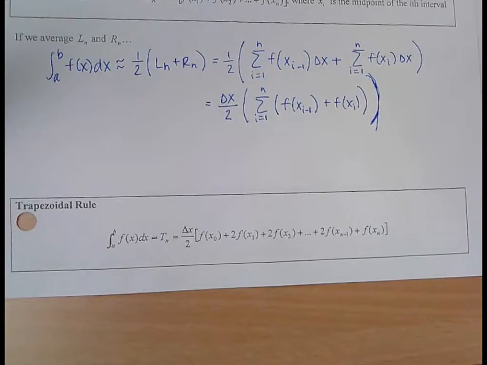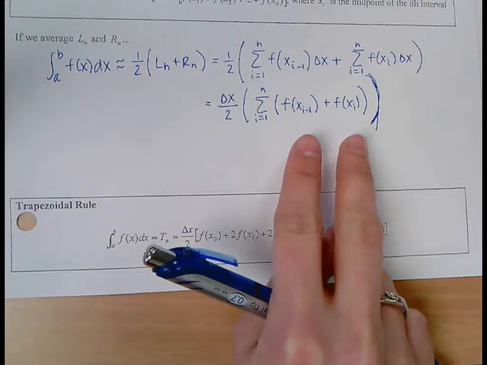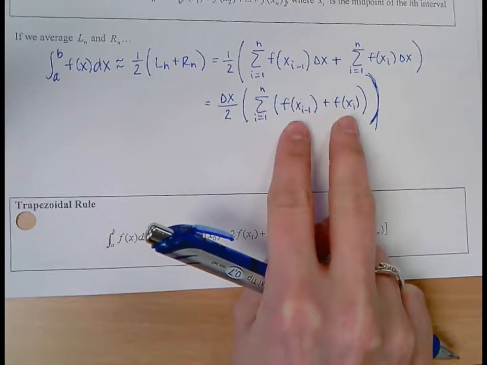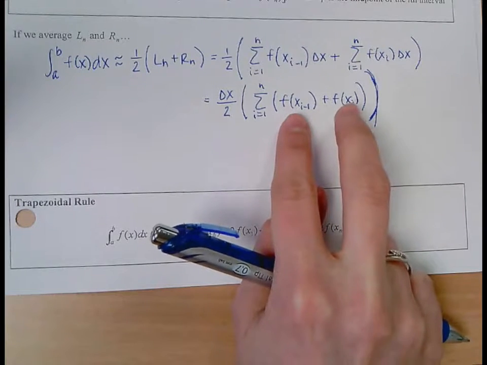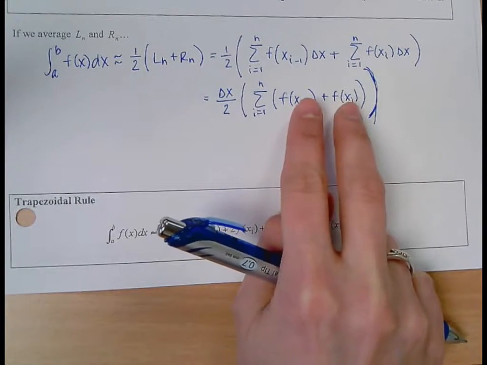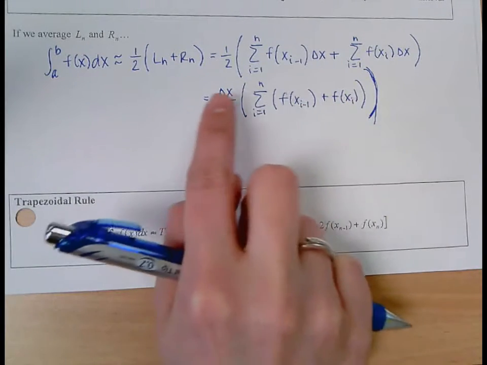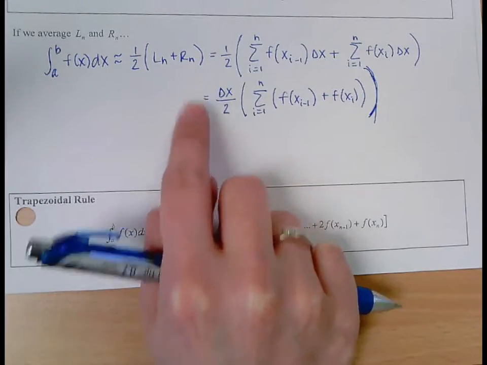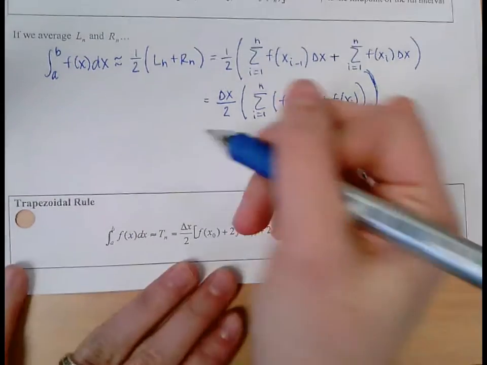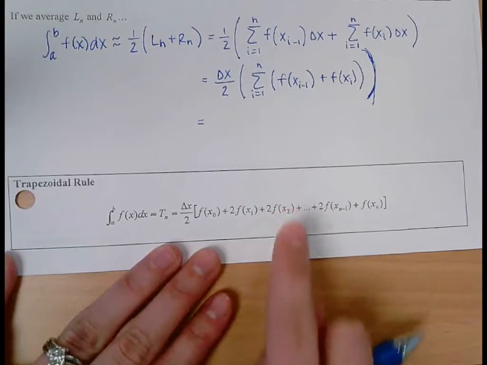So what I want you to notice, we're going to be going through an example too. I realize this might be confusing. What's happening is, say you have an interval. What's happening for every interval is you're adding the left endpoint function value plus the right endpoint function value, adding them together, dividing it by 2, multiplying that by delta x for every single one. So again, I'm showing you how they're getting from here to here.